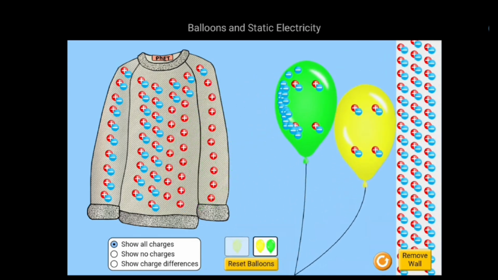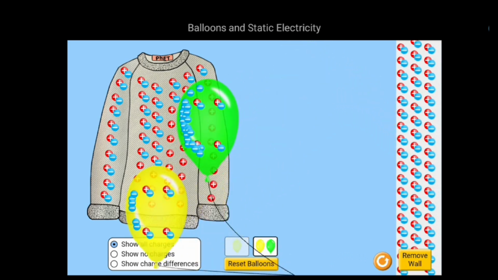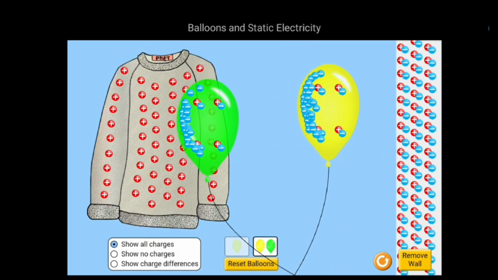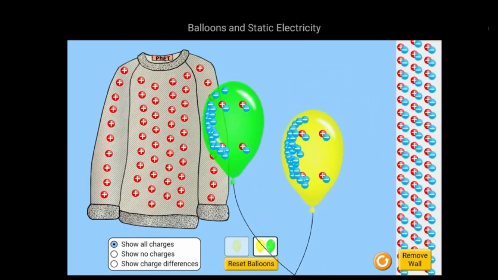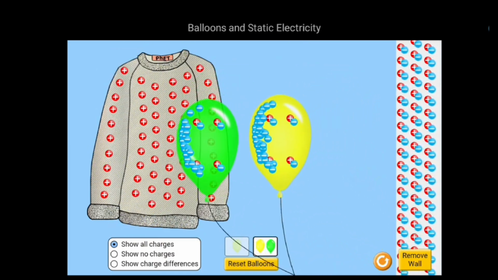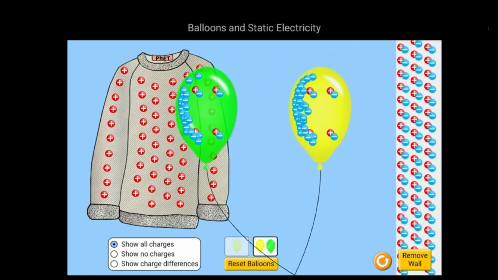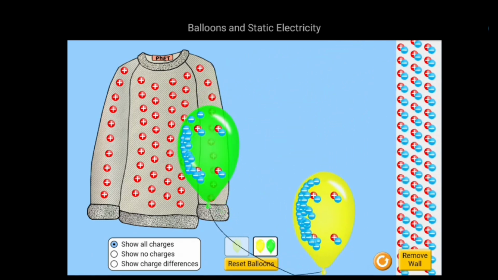When you rub wool and silk together, the electrons from the wool move to the silk, creating an imbalance of charges. As a result, the wool becomes positively charged, and the silk becomes negatively charged. This creates a static charge that can produce sparks or cause the materials to attract or repel each other.